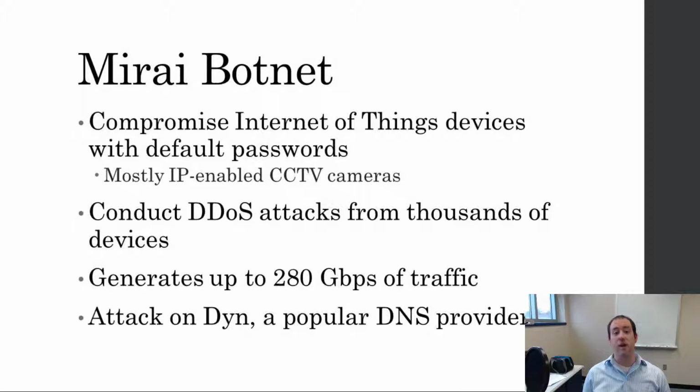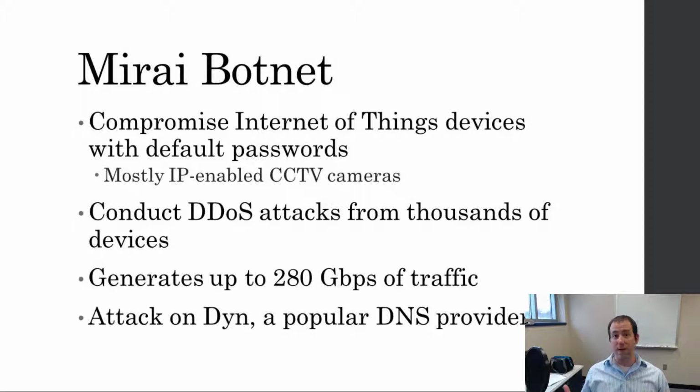So a very, very big botnet recently was the Mirai botnet. This worked by compromising Internet of Things devices, most frequently IP-enabled closed-circuit TV cameras, surveillance cameras, or security cameras on networks. If these were internet connected, they had a default username and a default password.